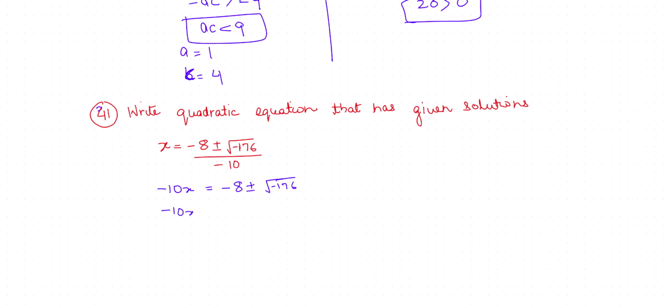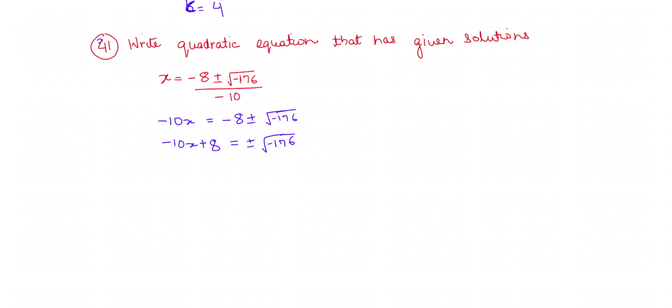So this will become negative 10x plus 8 equals plus minus the square root. We'll keep the square root sign on one side and the rest on the other side, so it is easier for us to square and simplify. Now we'll square both the sides.